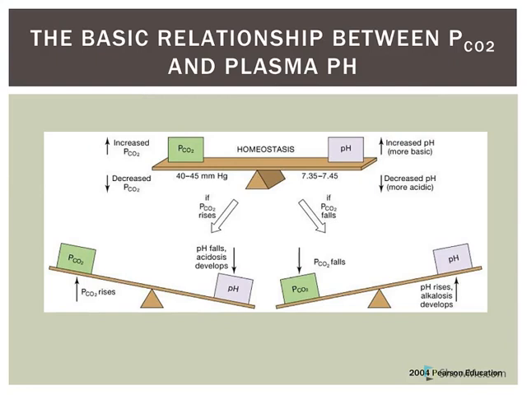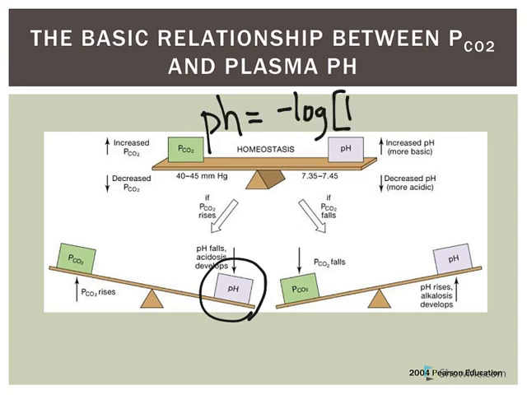And so the higher the carbon dioxide levels, the higher the hydrogen ions, the lower the pH, because pH is equal to the negative log of the concentration of hydrogen ions. So the more hydrogen ions you have, the lower the pH.